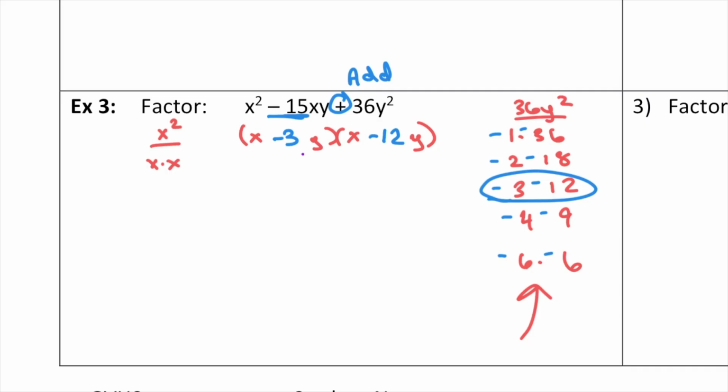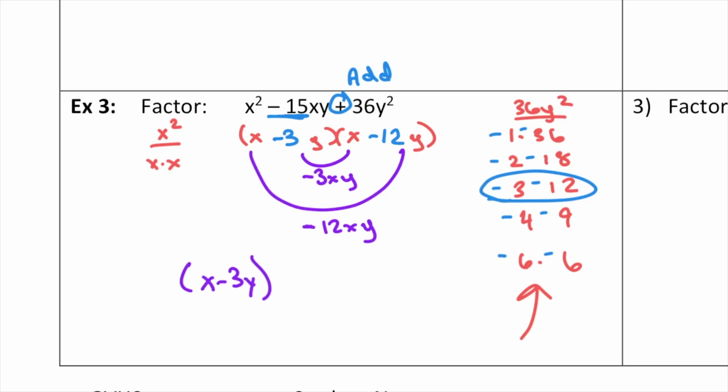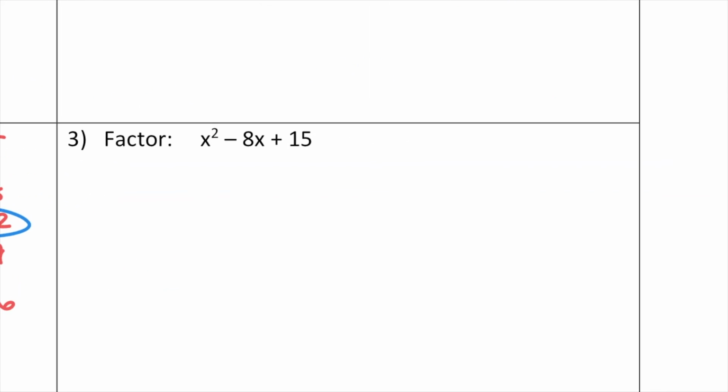Of course, we're going to check it. Our middle term, we have negative 3xy, and our other middle term is negative 12xy. Those do combine to give me a lovely negative 15. So my two factors are x minus 3y and x minus 12y. Give question number 3 a try and see what you come up with. Check your answer, of course.